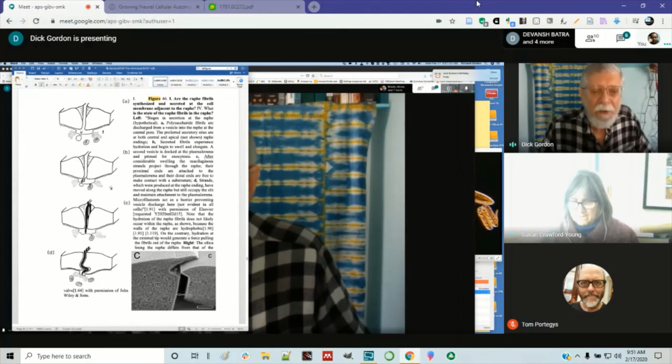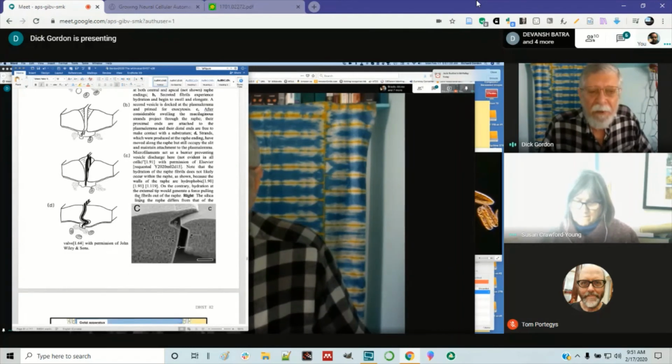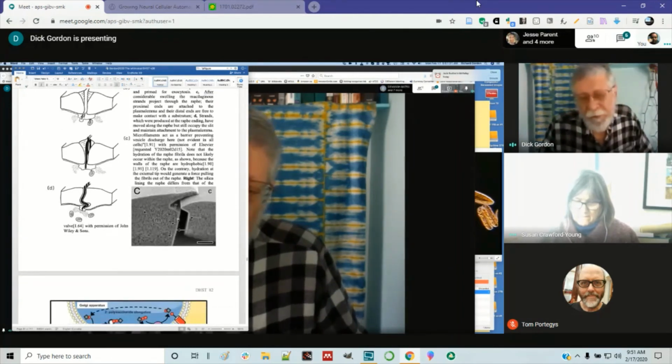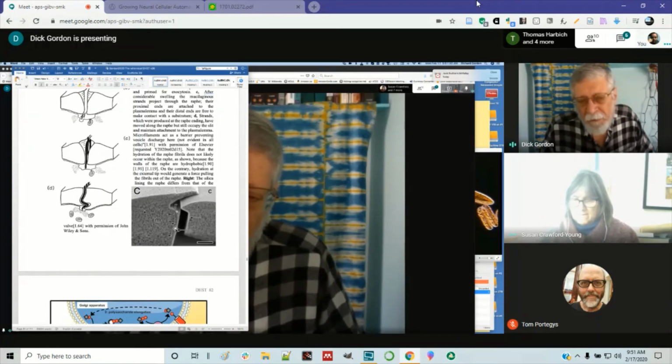Okay, so this is one model. This is a picture of an etched diatom, which is kind of curious because it shows that the silica, which is glass, lining the raphe is much more compact than the rest of the silica in the shell. And this is what we suspect is a hydrophobic surface.